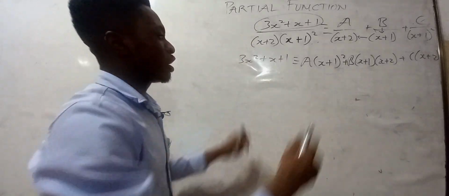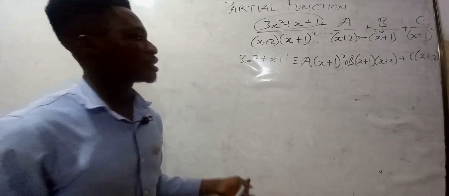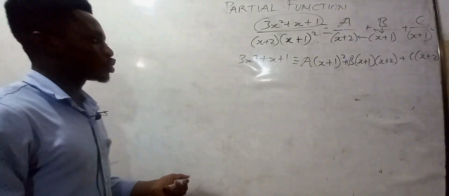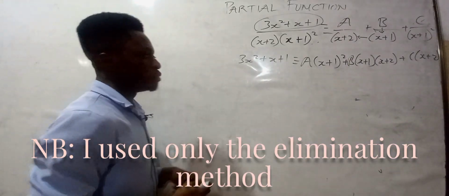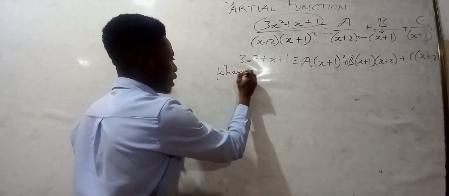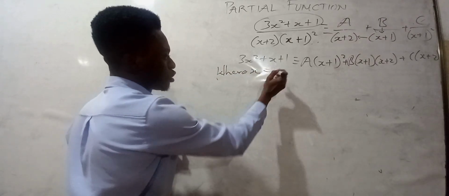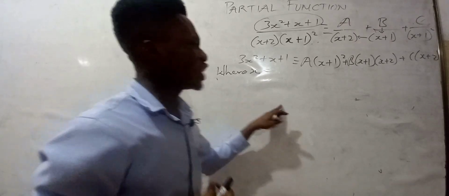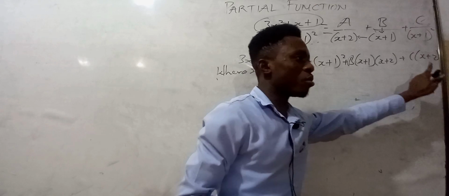So when you are here, you can still use the elimination method, you can still use the substitution method, and you still get it right. But I prefer the elimination method, so I would say where x is equal to. So this is what I'm trying to do. I'm trying to eliminate one of the variables.